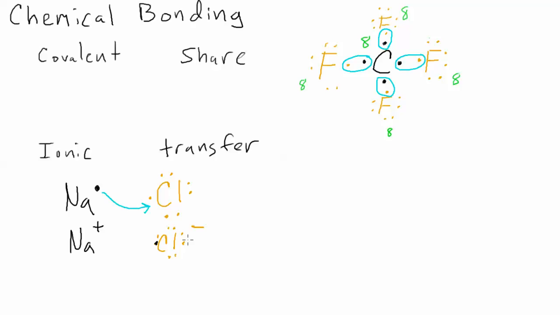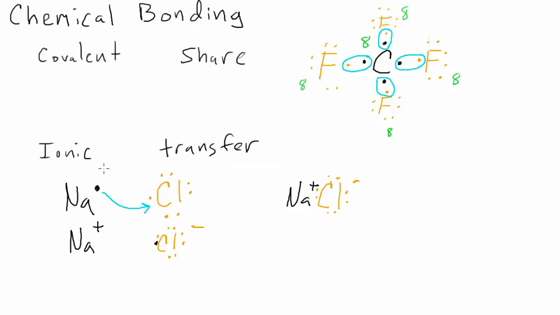And you guys have been learning for a very long time, opposites attract. These two ions have opposite charges, so they're attracted to each other. And that attraction is going to hold them together. The sodium ion is going to be attracted to and stuck to this chlorine ion, and they're going to stick to each other.